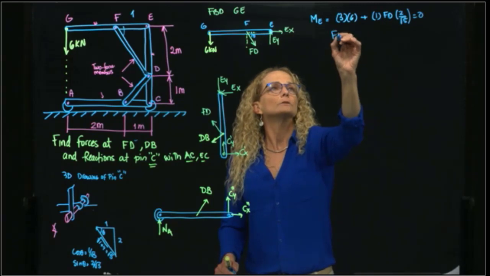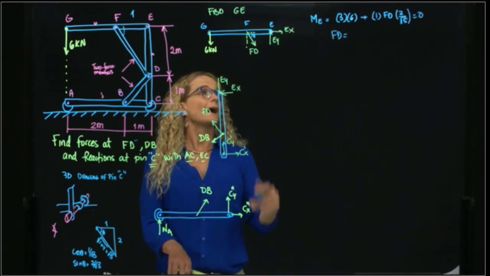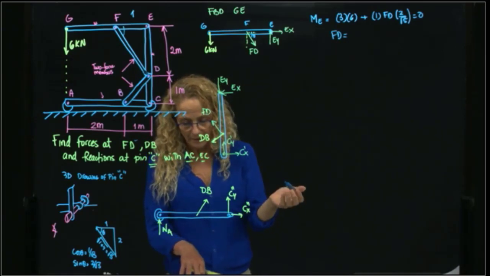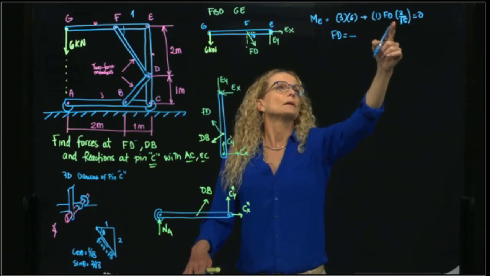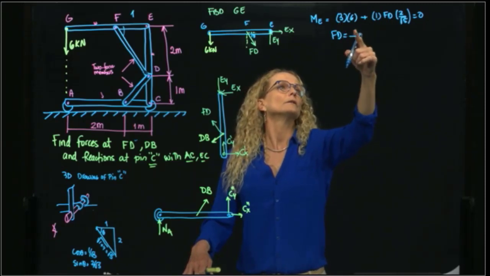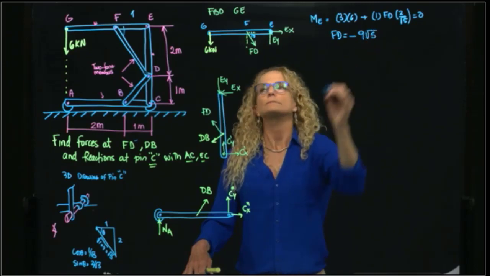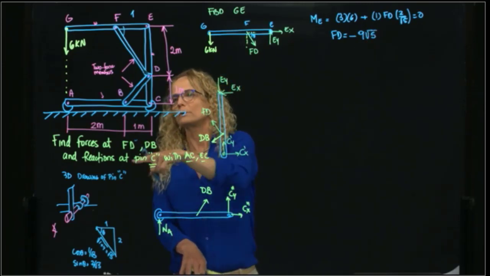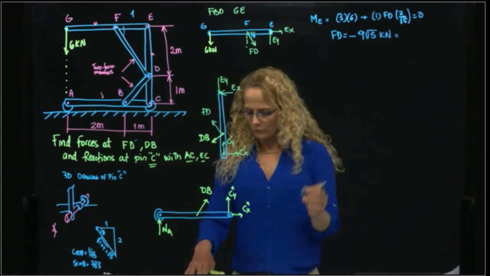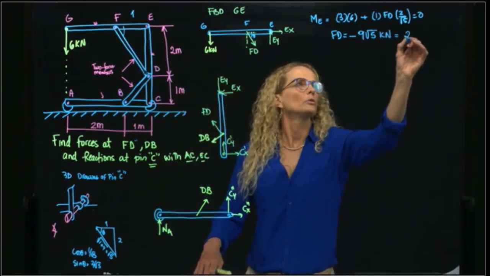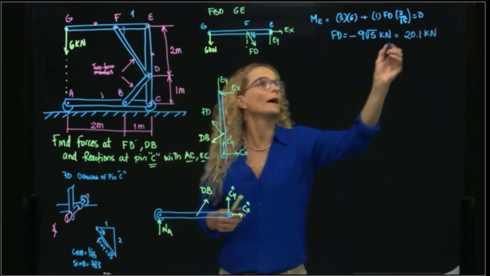And then here we can solve for that force, right? And obviously I already know that it will give me a negative value. So I can say this is 9, this is 18 divided by 2 is 9. So it will be 9 square root of 5, and that force in kilonewtons is 20.1 kilonewtons. So I was able to find the first.